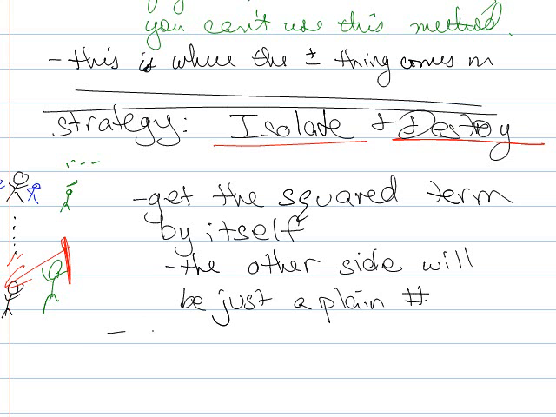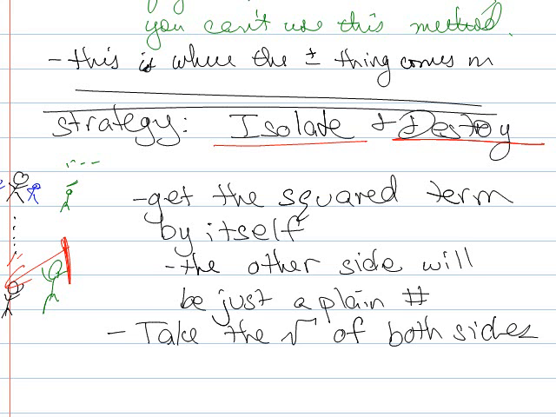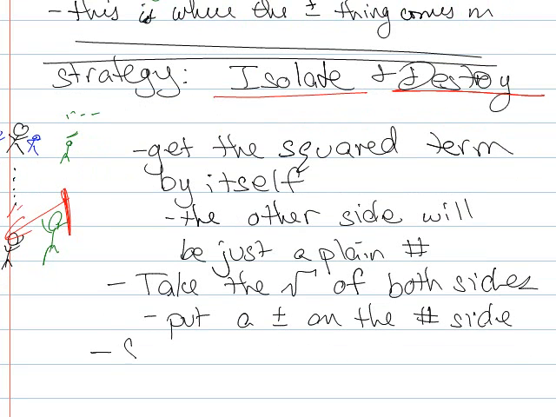You're going to take the square root of both sides, and you're going to put a plus or minus on the number side, and then finally you're going to solve for x.